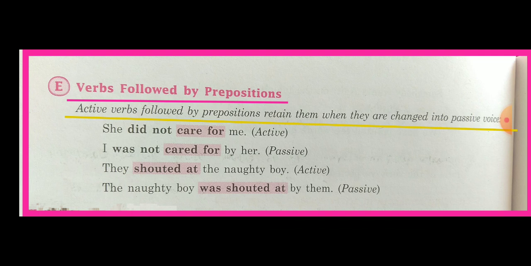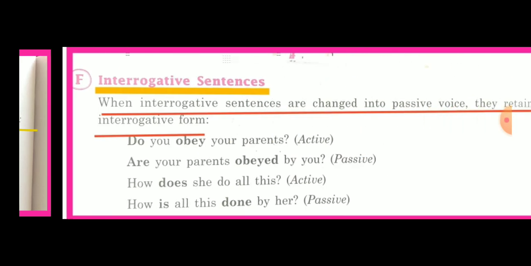Here "for" is a preposition and "care" is a verb which is followed by the preposition. So in passive voice also "care" will change but the preposition "for" will remain as it is. So if we have verbs followed by a preposition in active voice, in passive voice also the preposition and its position will remain as it is.